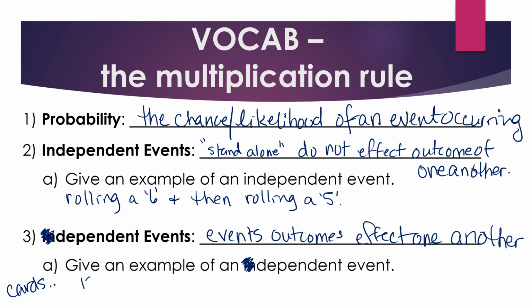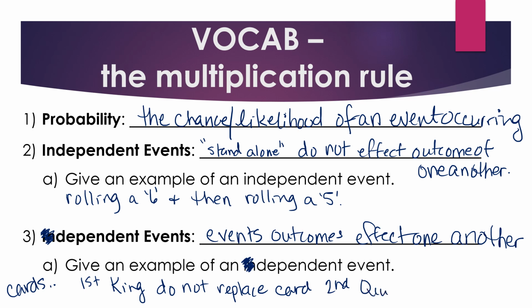If I first select a king of anything, it doesn't matter, spades, diamonds, hearts, or whatever, and then I do not replace the card, so I pick one out and I don't put it back in, then the second thing that I pick could be a king as well, or a queen, or a jack, or any other card that you want.